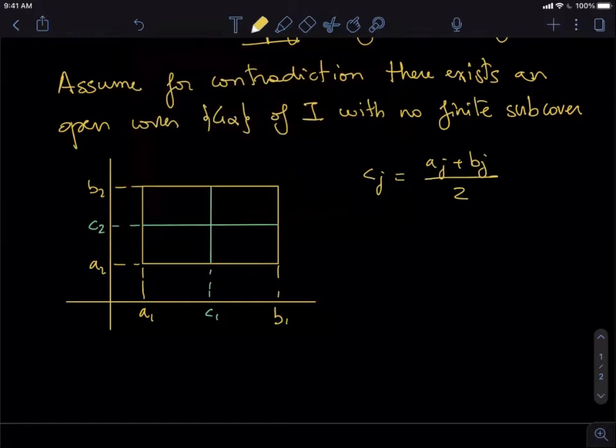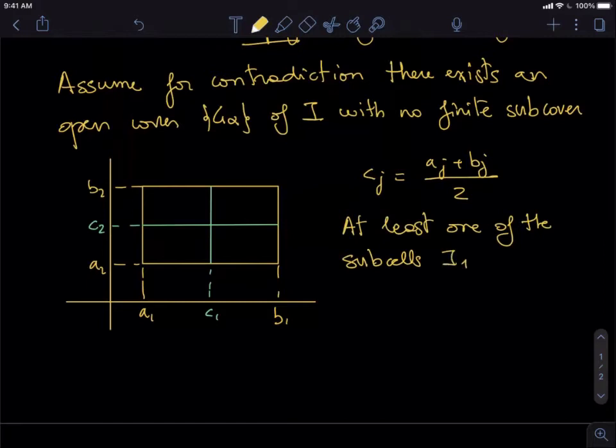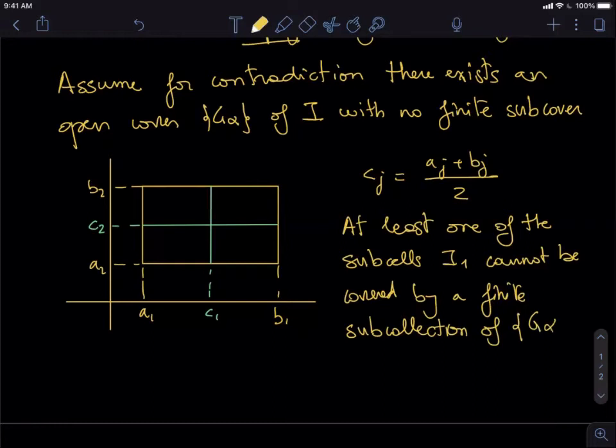Okay, this splits my K cell into 4 smaller cells, and we are going to pick one of them, because at least one of the subcells, we are going to call it I1, cannot be covered by a finite subcollection of the G alpha.